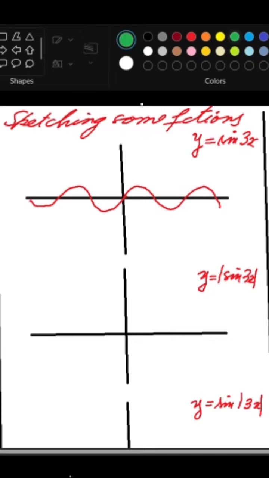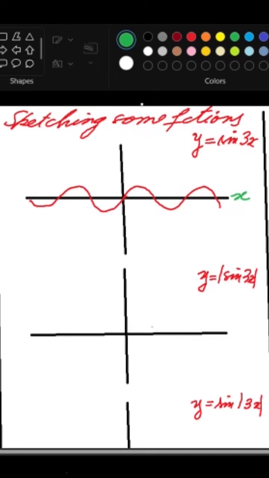Let's see now what's the difference with the function y equals absolute value of sine of 3x. The absolute value, we know, will always be positive or 0. So if we look at the first sketch here, everything that is below the x-axis will go above the x-axis.